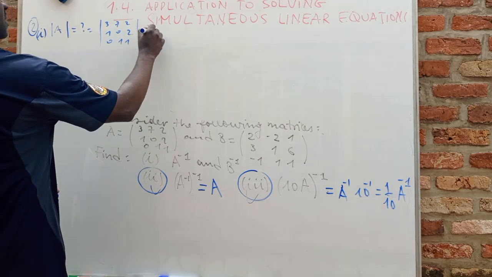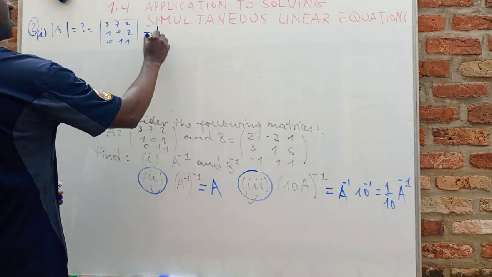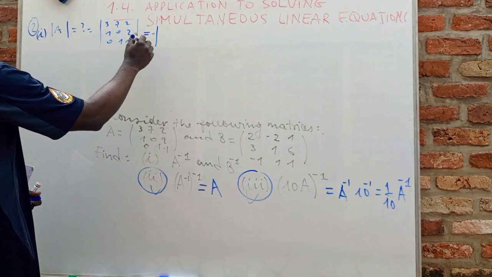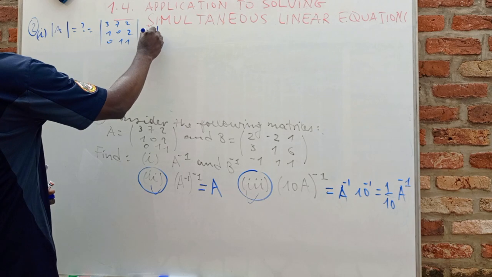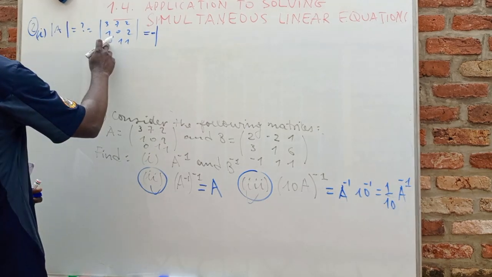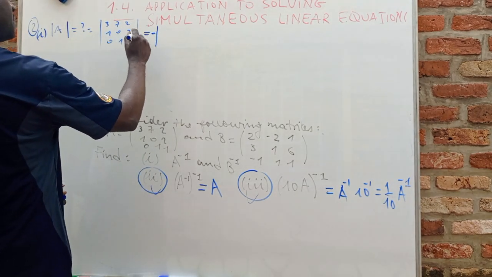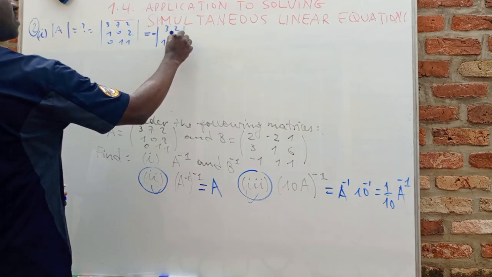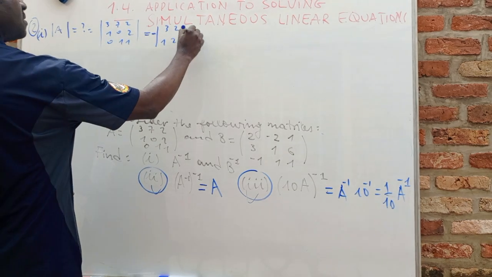Then I will have a negative determinant because I have negative, positive. So I have positive, negative, negative times 3, 2, 1, 1, 2. Positive here.